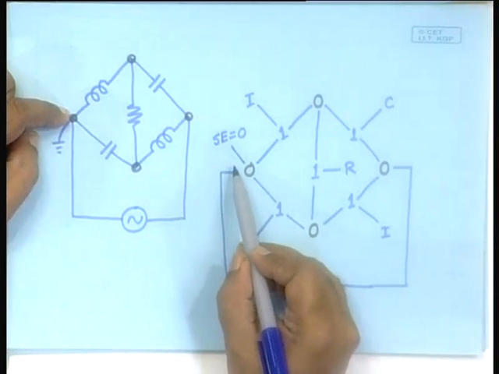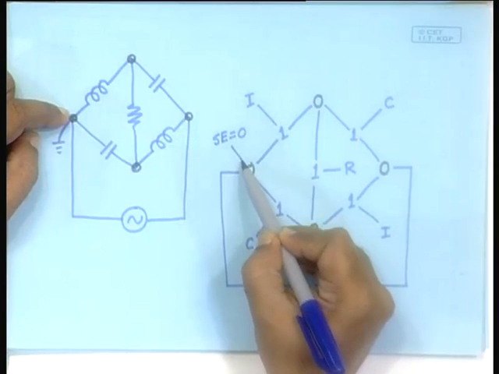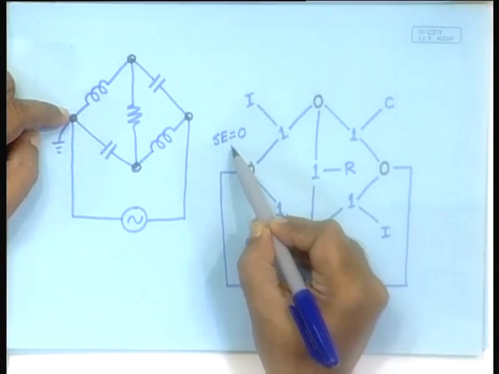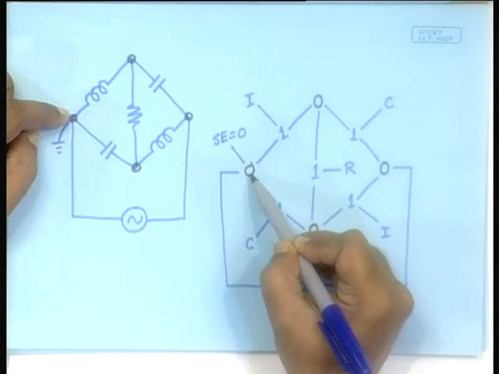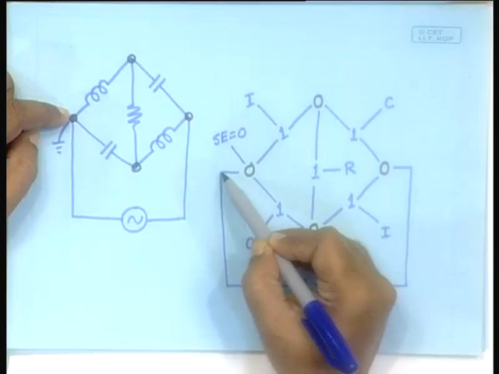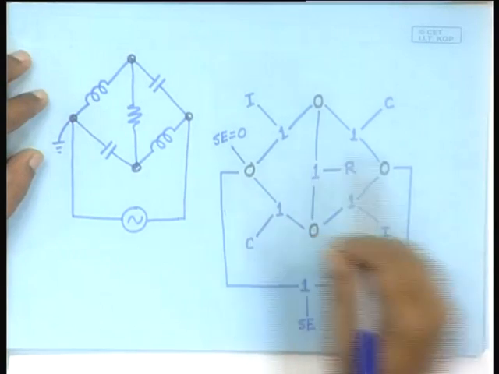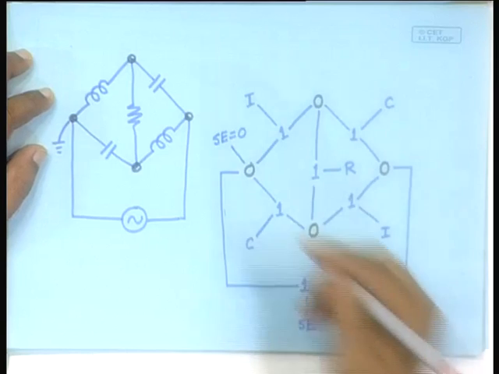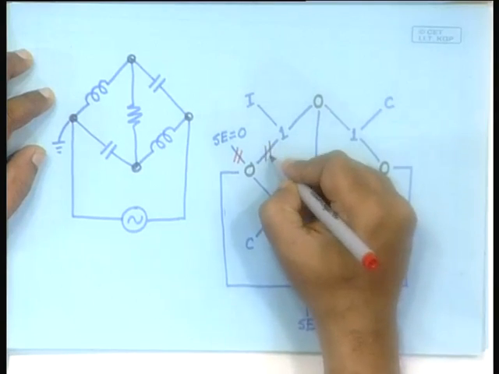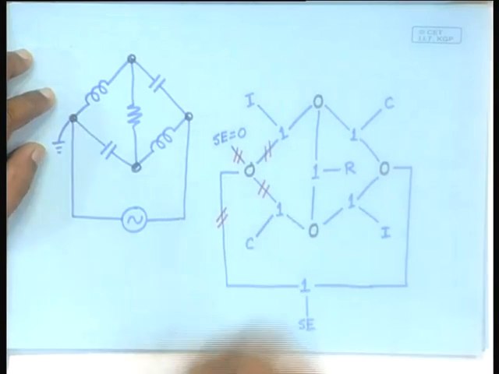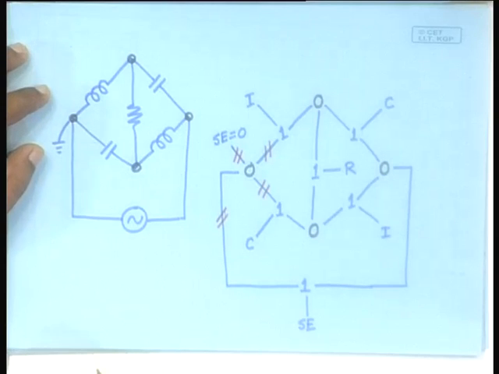The moment you do that, this bond carries 0 power, because the effort is 0, and since this is a 0 junction, the same effort is distributed, equalized. So, all these bonds will carry 0 power, and therefore, they would be unnecessary. So, this whole thing is unnecessary.